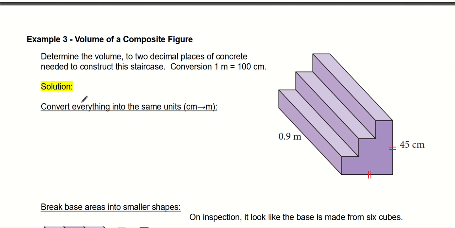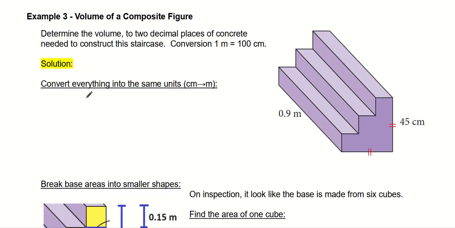This one's a little bit more tricky, and you gotta make some assumptions here, which they do not tell you. But again, the first thing you should always do is do your conversions, and I prefer to convert everything into meters because meters is standardized. And here's the conversion: 1 meter is equivalent to 100 centimeters. So here is 45 centimeters.